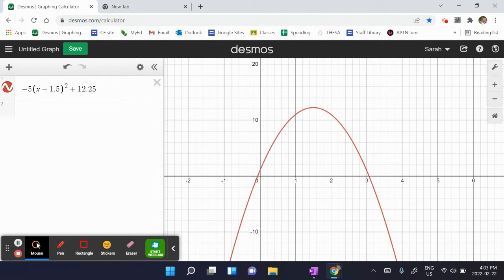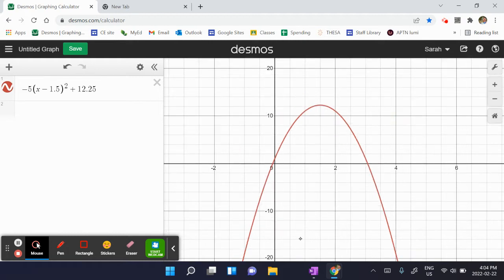Now, using your maximum value feature, go ahead and find your maximum value here.